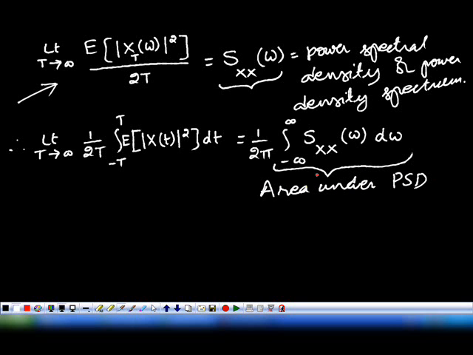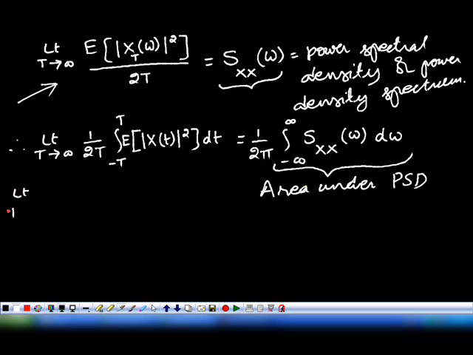So the area under the power spectral density divided by 2 pi is equivalent to the average power. What is this quantity?